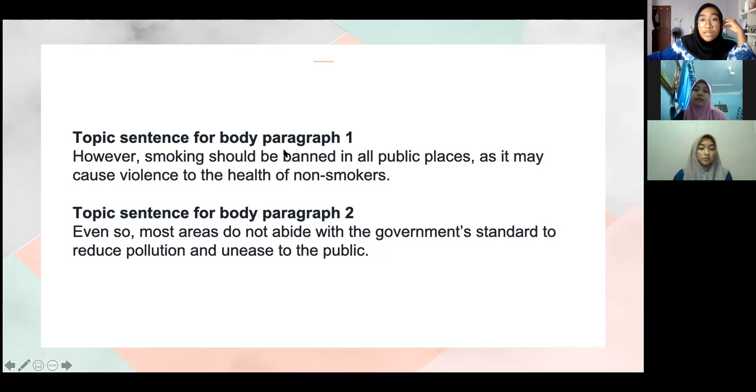This topic sentence won't be located at the beginning of the paragraph because I use however. It will be whether in the middle of the paragraph or at the end of the paragraph to conclude the example or the supporting detail, supporting sentence for the topic. And for topic sentence for body paragraph 2, I've come up with the sentence that is, even so, most areas do not abide with the government standard to reduce pollution and unease the public.